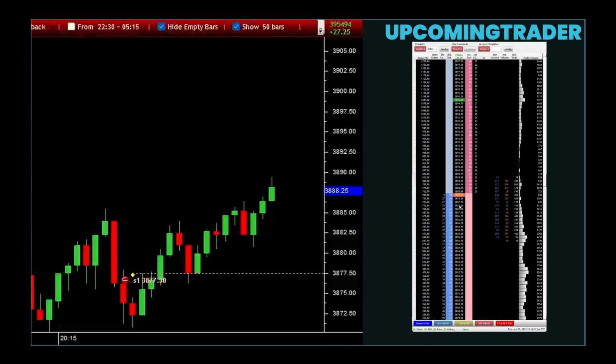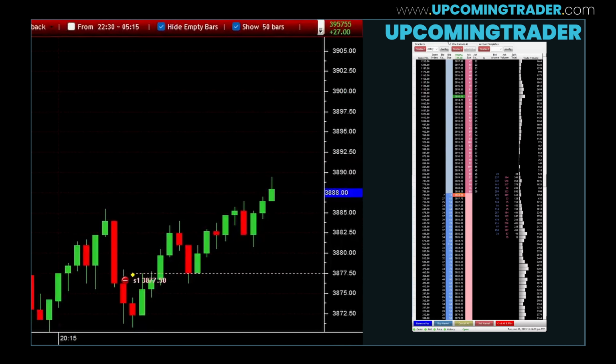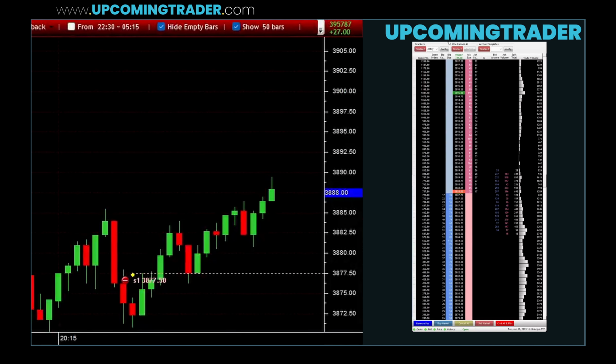The wicks or shadows, extending from the top and bottom of the body, indicate the highest and lowest prices reached during that period. Long wicks suggest that the price fluctuated widely, indicating volatility, even if it eventually settled near its open or close. Shorter wicks indicate that the price remained close to the opening and closing prices, signaling a more stable trading session.